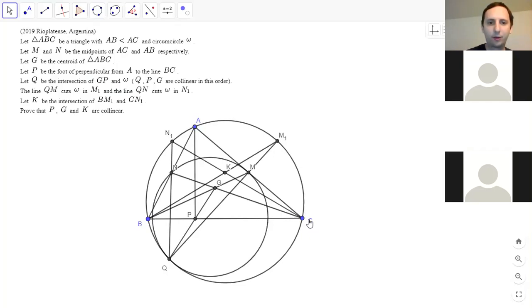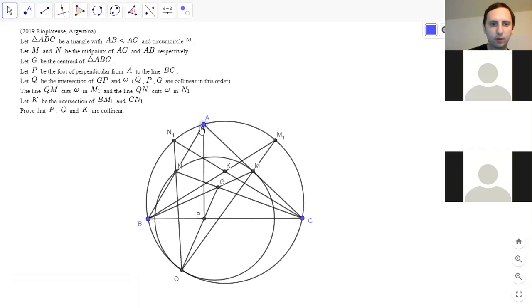Interesting. So from that, we kind of know N1M1 is parallel to BC. And this feels like maybe Pascal's theorem. So let's see. Are N, K and M collinear? I think they might be. Yeah.